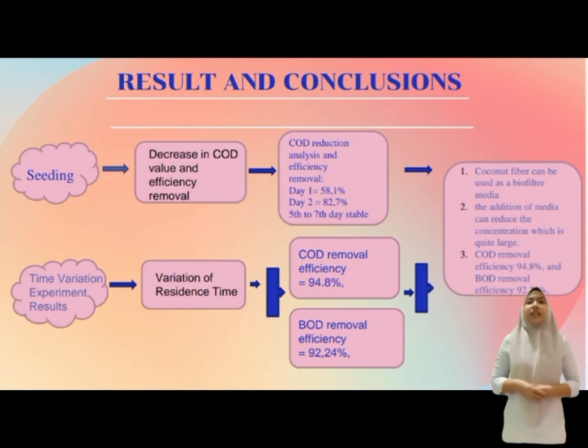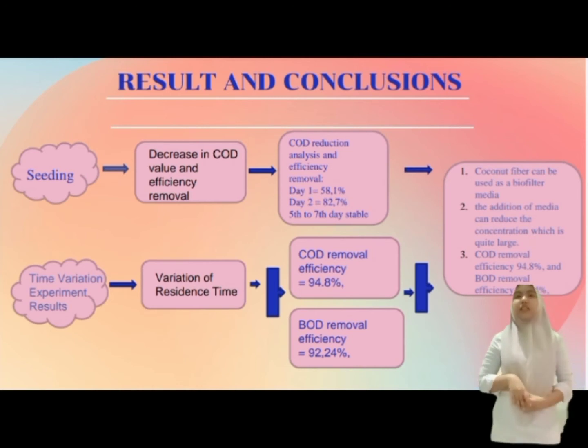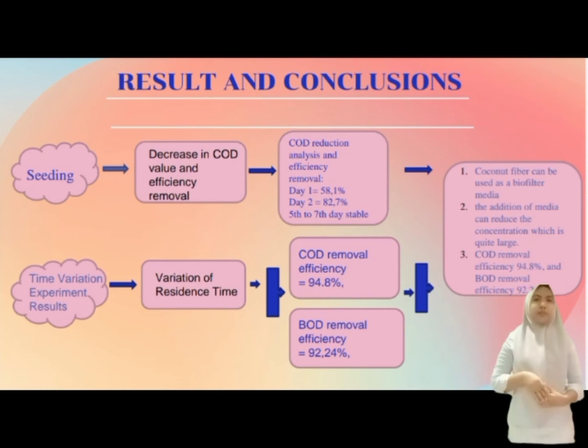Result. The result consists of the bacterial growth process seeding and the residual time variation experiment result. First, seeding. Seeding is the process of growing bacteria on a sticky medium. This seeding process is carried out so that biofilm formation occurs on the entire surface of the media.